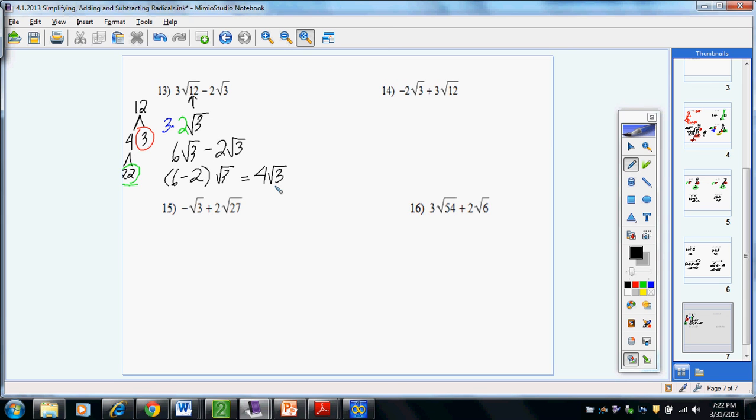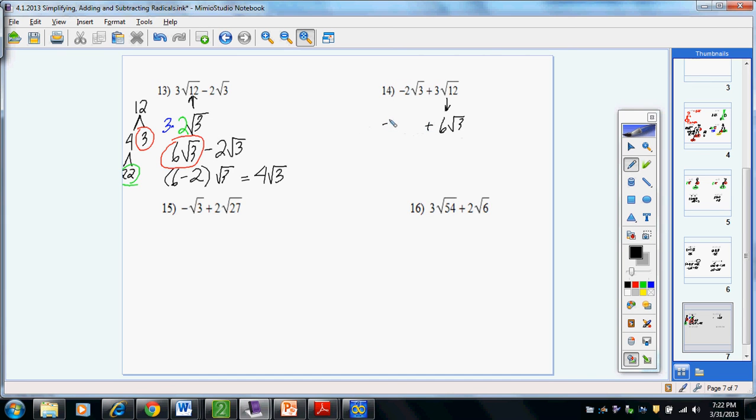Okay, this one's going to be a little bit easier, 14 is, because we already did the work over here for 3 square root 12. We said that 3 square root 12 was going to simplify to this 6 square root 3. So let's just use the work we've already done. And we know that 3 square root 12 is going to simplify to 6 square root 3.